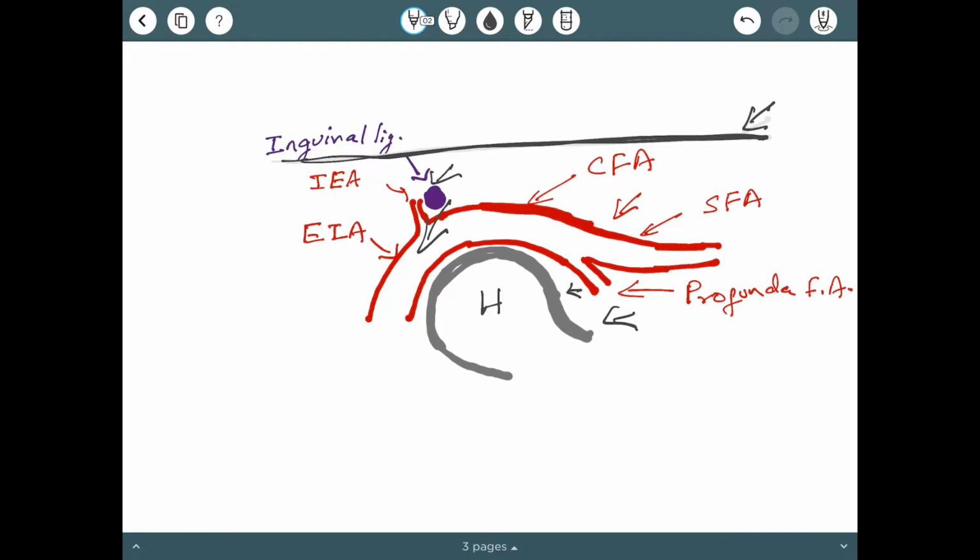If you trace the route of the common femoral artery from distal to proximal, you can see in this drawing that it dips into the pelvis. And the pelvis is a potential space, a space which has no bony part. There are just tissues inside, and structures like the bladder.